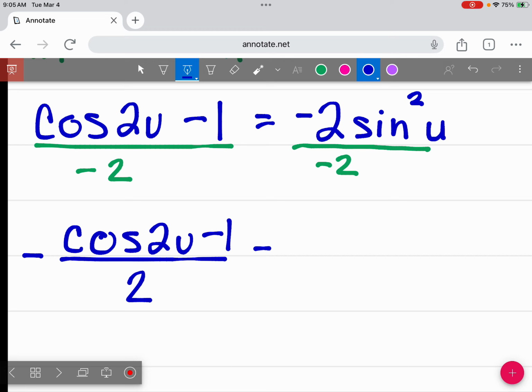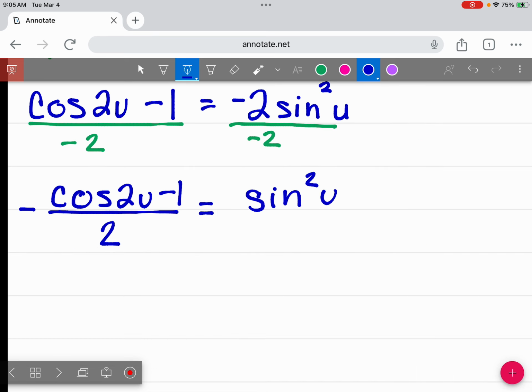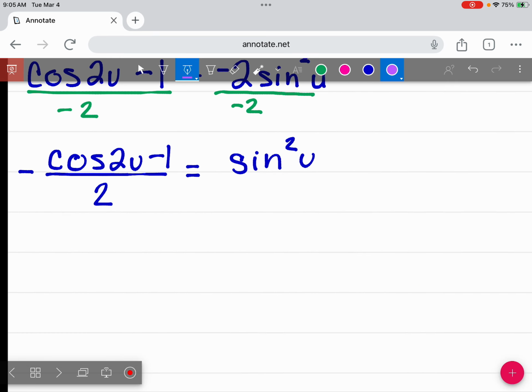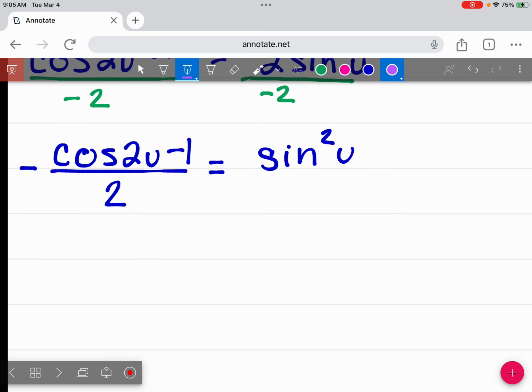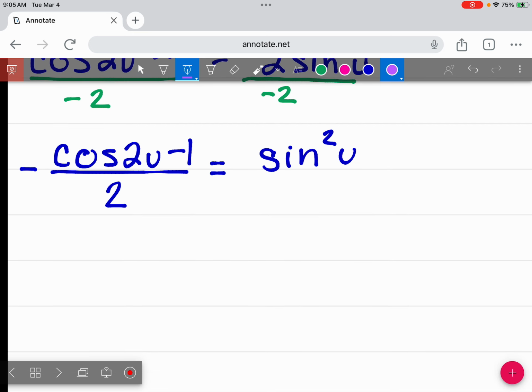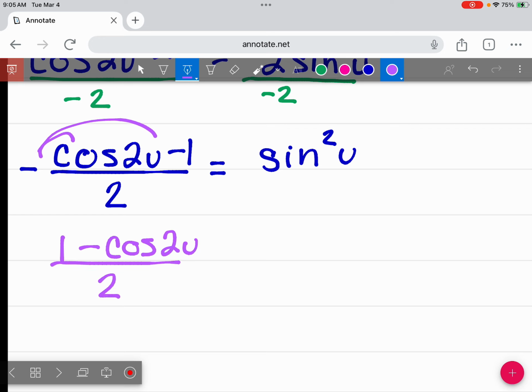Is that your question, David? I do recommend that we do that because it's going to make things a little less gross. So I'm going to distribute this minus sign in so that we have negative cosine 2u plus 1, which is the same thing as 1 minus cosine of 2u over 2.